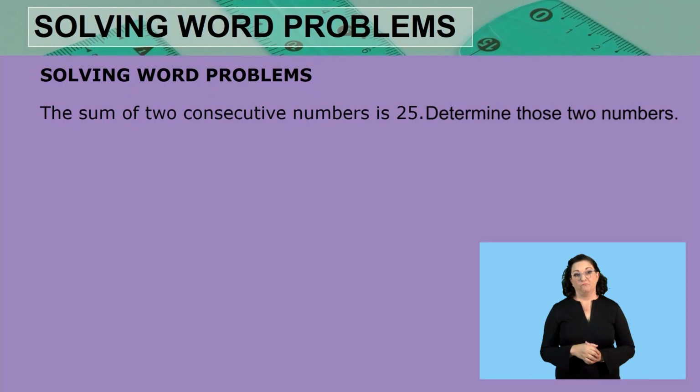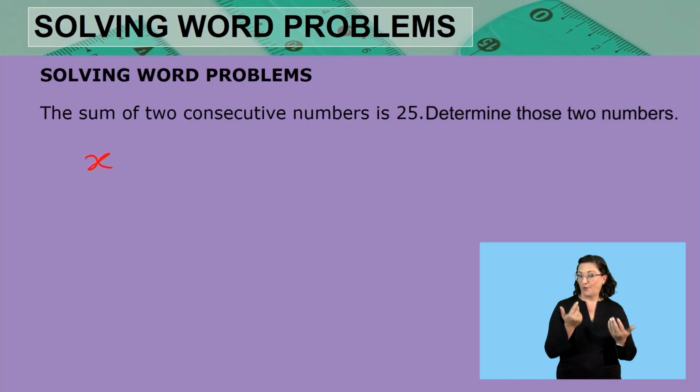So this means that, of course, we don't know what the first number is, so we are going to use x to represent that number. And sum means that we are adding. But then what is the number that comes after x? Because we don't know what x is, but we do know that the number that comes after will be whatever the value of x is plus 1.